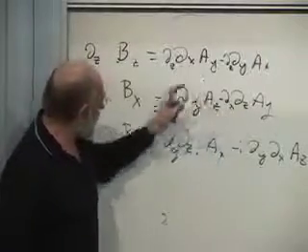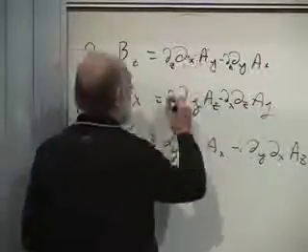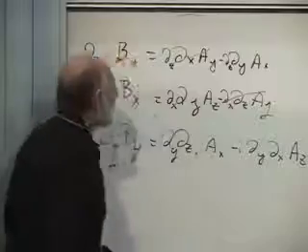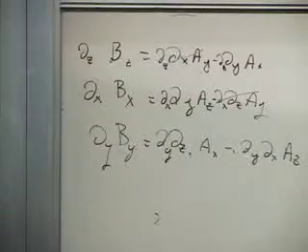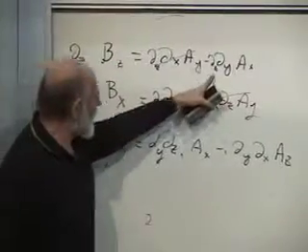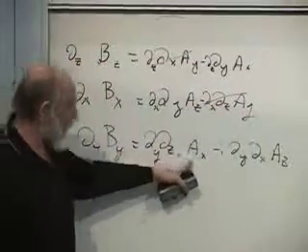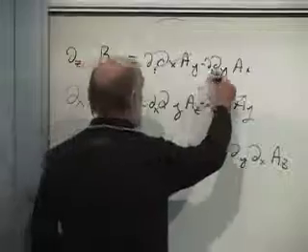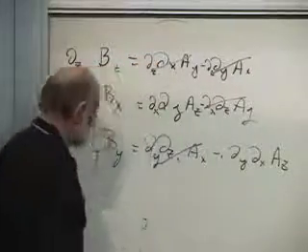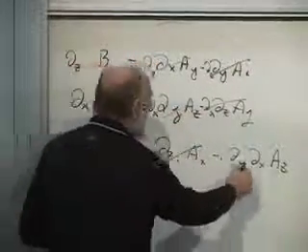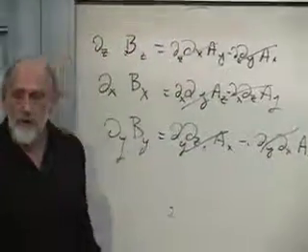And so this term and this term cancel. And so it goes. Let's do one more. dz dy ax with a minus sign, dy dz ax with a plus sign. These cancel. And so it goes. All of them cancel.